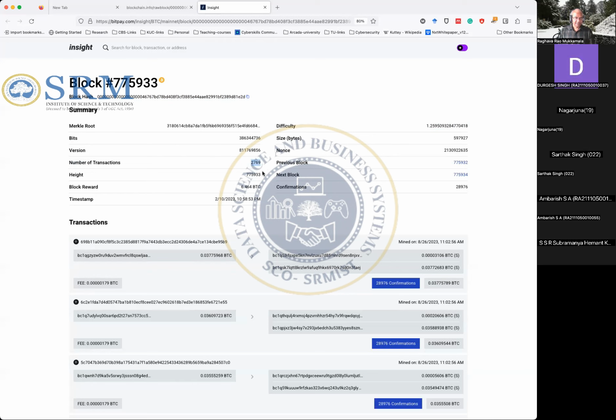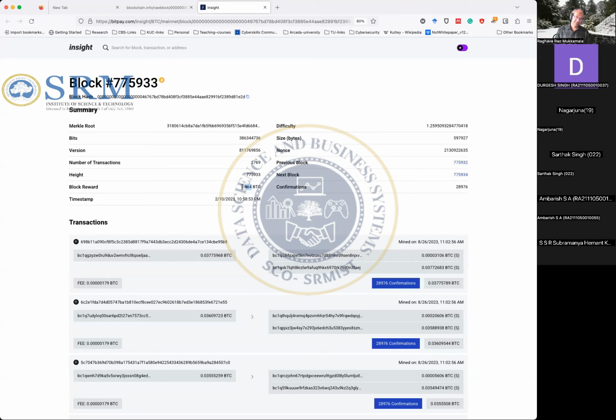But you have some auxiliary information, such as the number of transactions. For example, this block contains 2,700 transactions. Block reward. So how many Bitcoins are created as part of the block? You can see that it is 6.464. Why is it so? The current reward is 6.25 Bitcoins whenever you create a new block, and the rest is the transaction fees collected from each transaction.